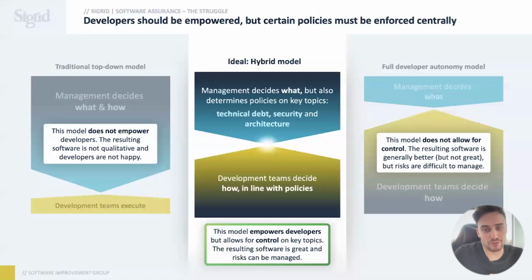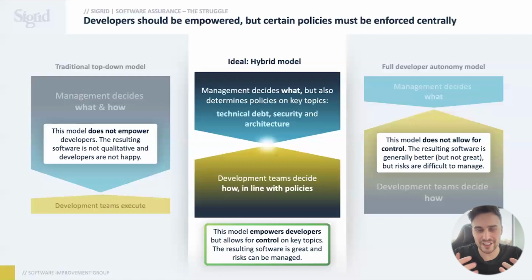Development teams still decide how it's implemented. Management doesn't decide the architecture that should be implemented, or the technologies, but development teams make their decision based on these policies. And you can see these policies as non-functional requirements.